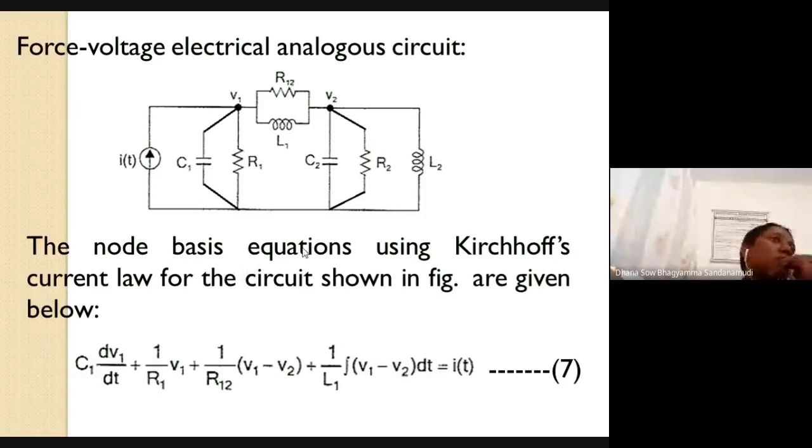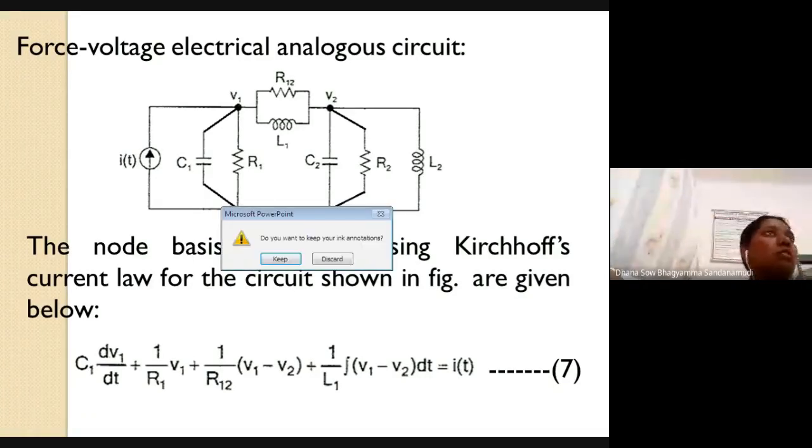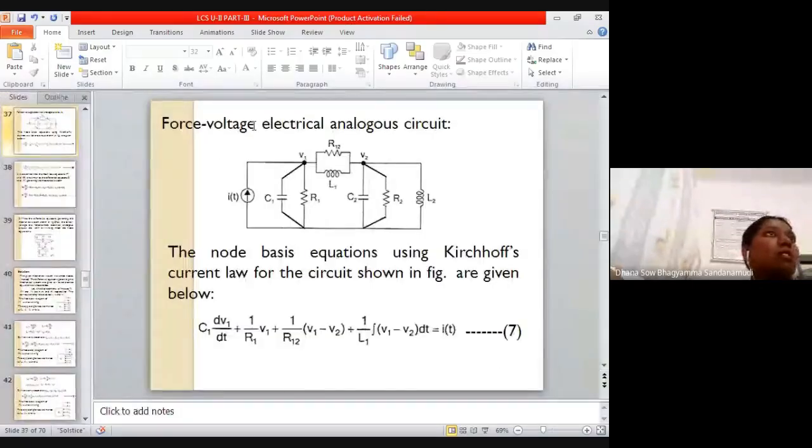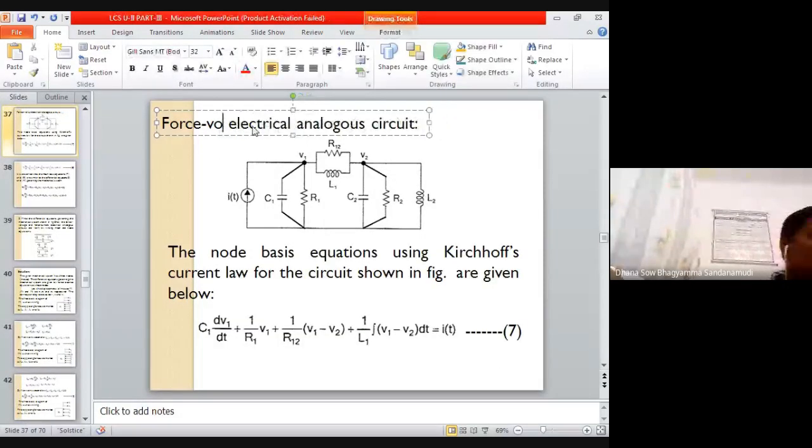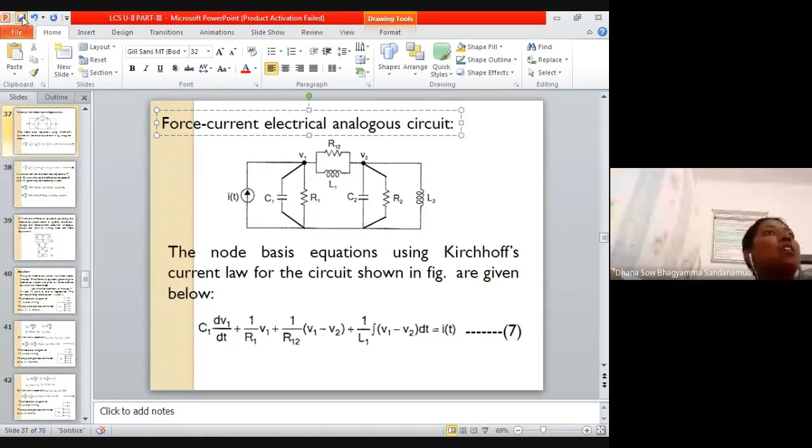Okay, that you remember. Now we have got this Kirchhoff's. 1 minute. So copy paste. Problem is copy paste. Force current electrical analogous circuit. Okay, so let me check.